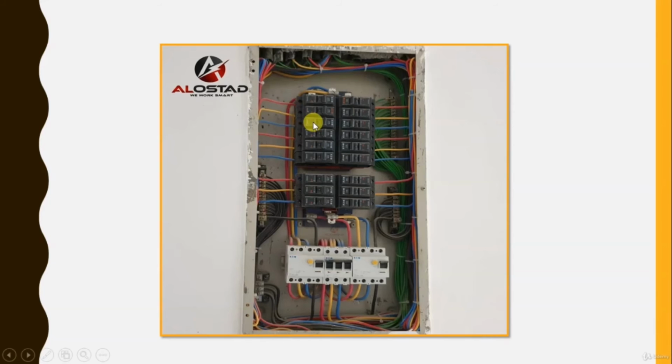I will simplify it more. Just count red, yellow, blue as one way. So come on, let's count it together. We start here. Red, yellow, blue, way 1. Way 2. Way 3. Way 4. Way 5. Way 6. That's it.